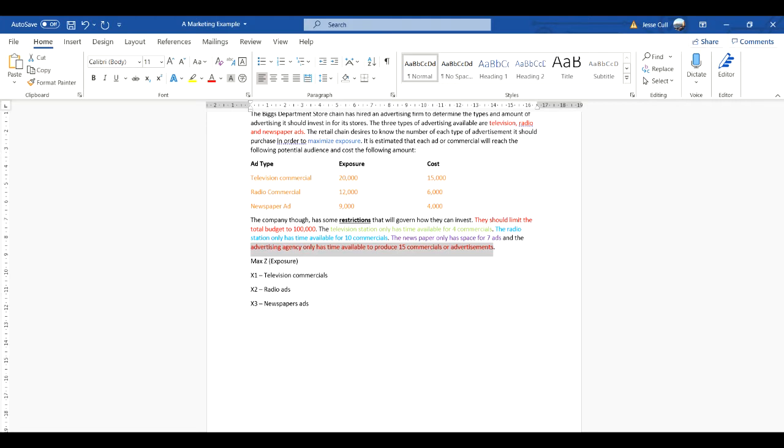So the first thing we need to do with the linear programming format is enter our objective function. So in this situation, what are we trying to maximize? We're trying to maximize exposure.